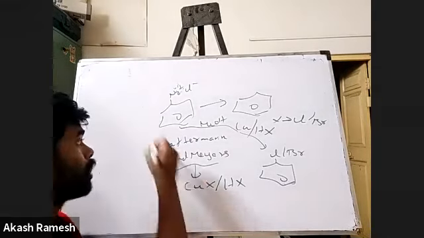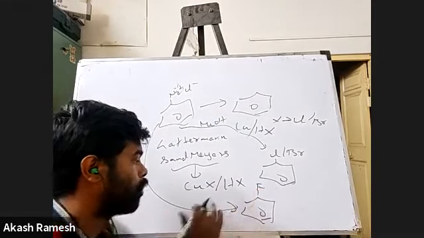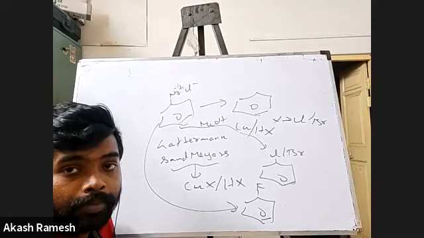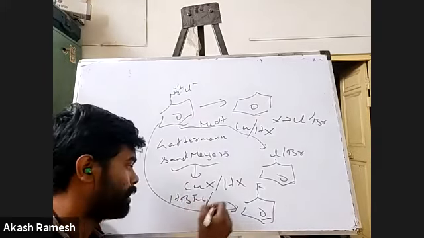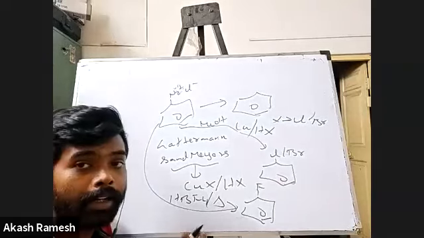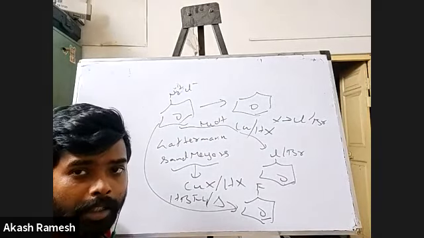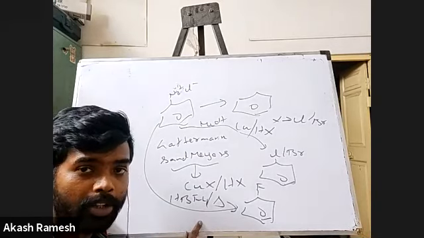Okay, fine. So how do you convert this to fluorobenzene? What do you have to use? HBF4, yes, right. I can use HBF4 and heat it. This is also a name reaction, but I don't know whether NCERT mentions it.